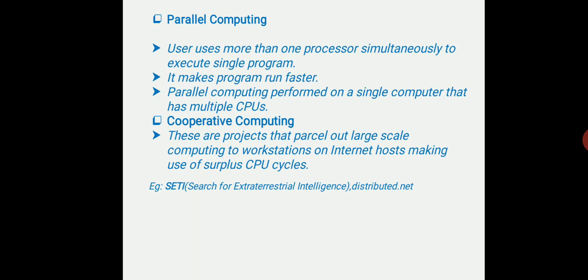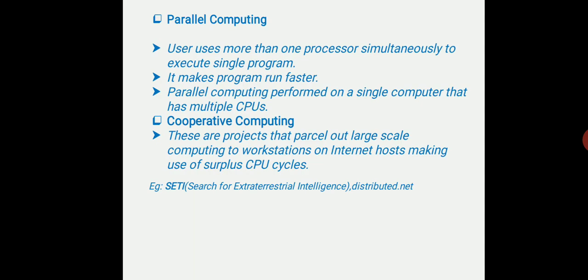So the different forms of computing are these four types. First one is monolithic computing, where there is a single CPU, a single PC with limited resources, and in that, one concept comes, that is time sharing: a single mainframe is shared among the terminals. Next one is distributed computing, where computers are interconnected and resources can be shared.